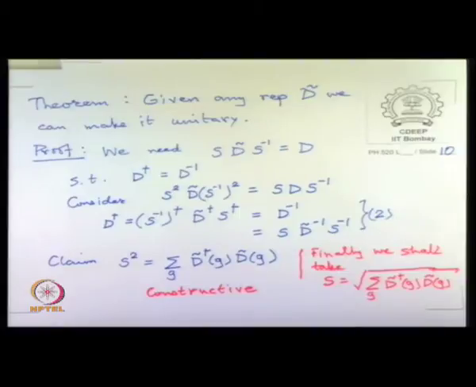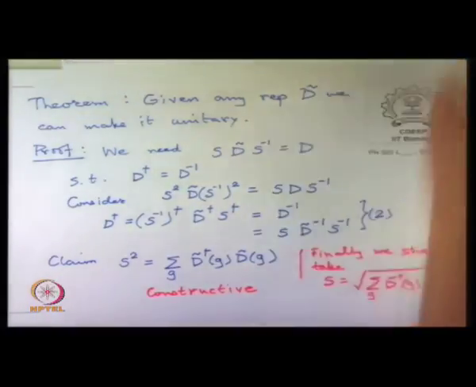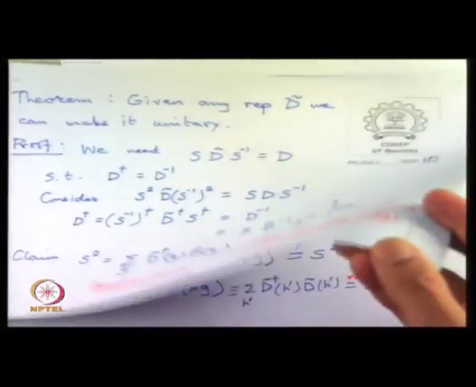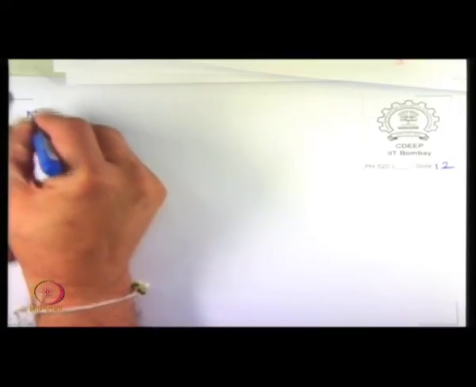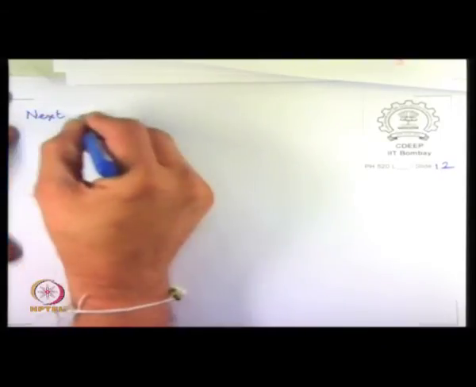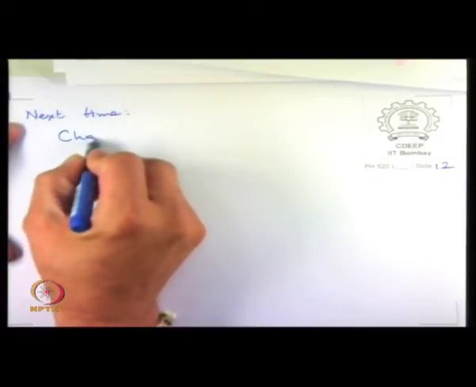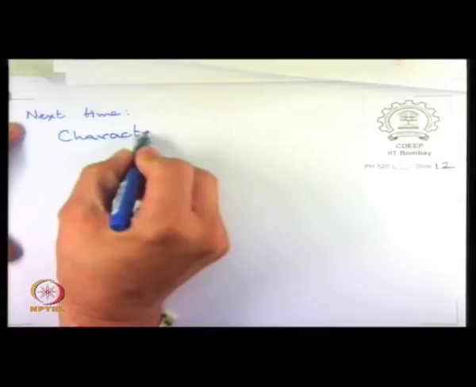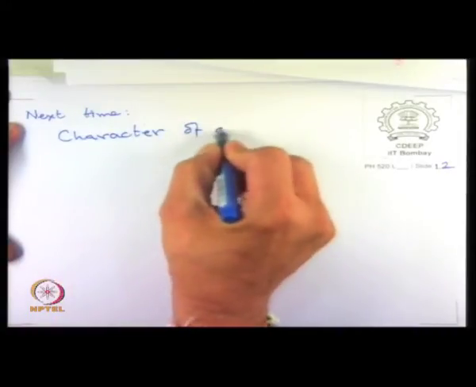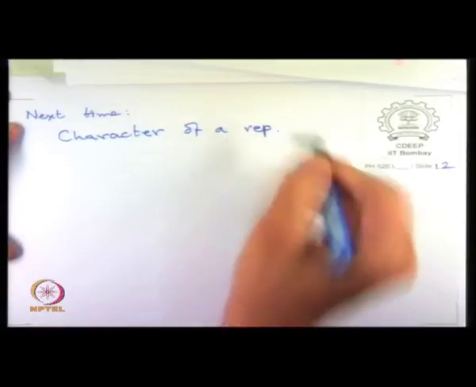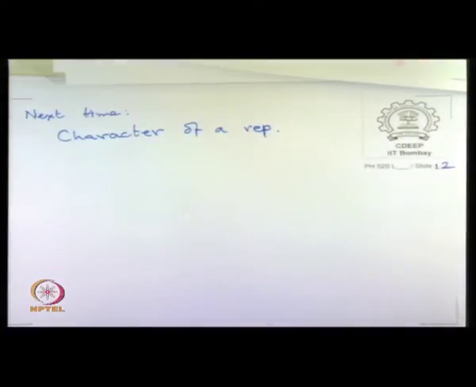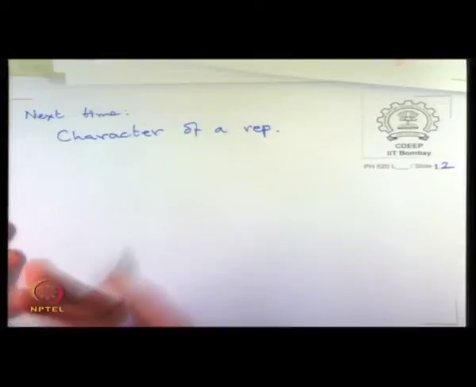So in closing, let me just say the next interesting thing is the character. The word character when used for a representation seems a little strange, but we will later see that it actually represents some characteristics of a molecule, so that's probably why it comes.